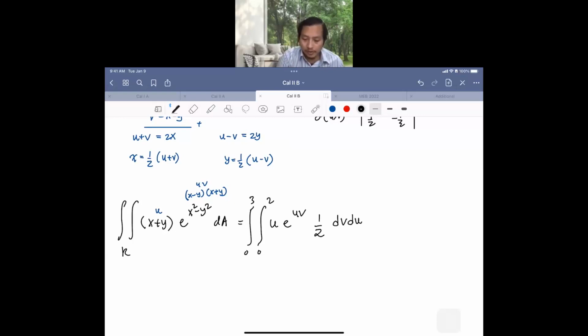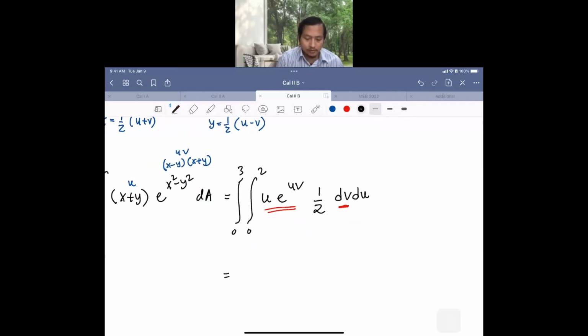Now I think based on what we have here, it's best to start with v first, because it's easy to integrate, or else you need to use integration by parts.